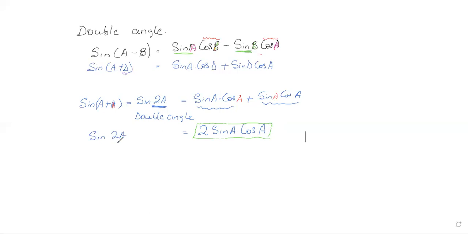Now let's have a look at the, we said this is a double angle, and the top one will be compound angle. Compound angle. Now let's see what happens if I have a cos. What will be the cos?